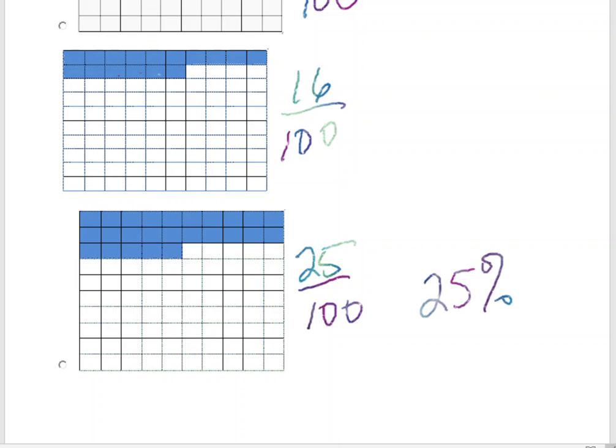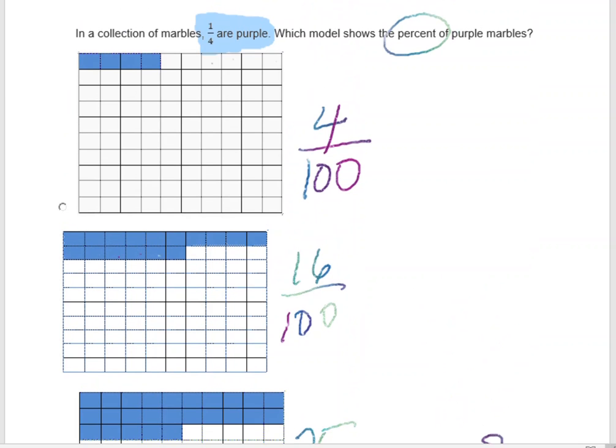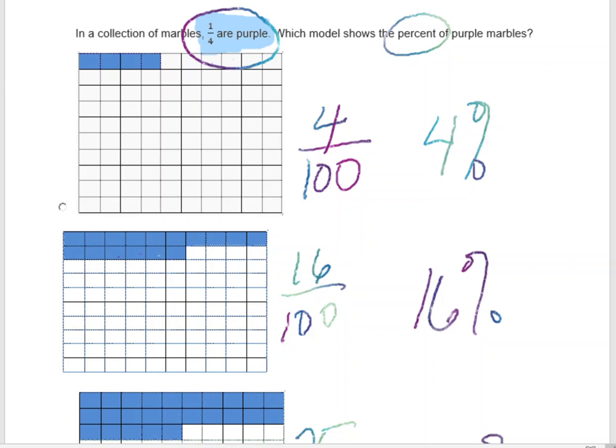So 28 out of 100 is 28%. 25 out of 100 is 25%. 16 out of 100 is 16%. And 4 out of 100 is 4%. So we want to know which one of those fractions is equal to 1/4.